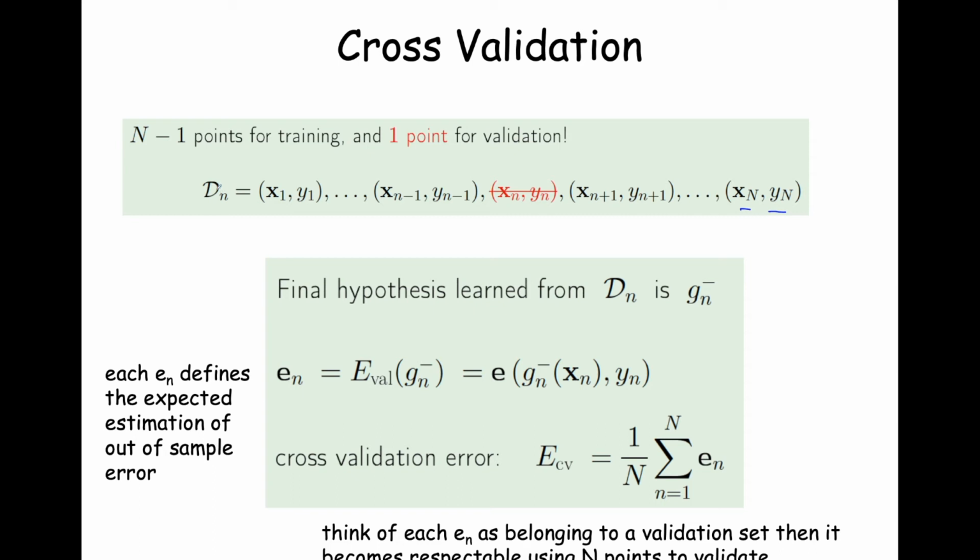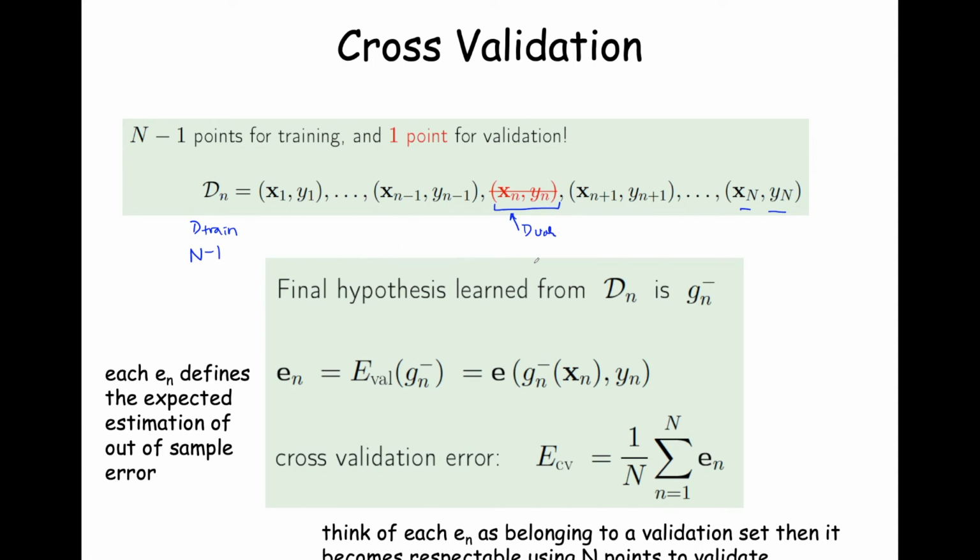We're going to say script D n represents the D train that we build by leaving out the nth data point. So this training set is going to have N minus 1 data points. With one point left out, our validation set, D val, is very simple. It consists of just a single data point.